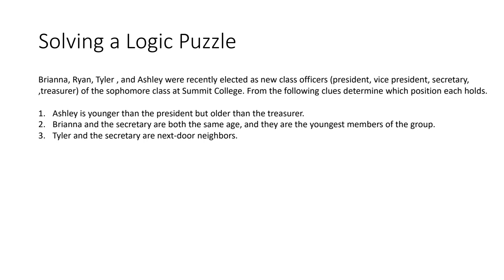And then number 2, Brianna and the secretary are both the same age, and they are the youngest members of the group. And last, it says Tyler and the secretary are next door neighbors.